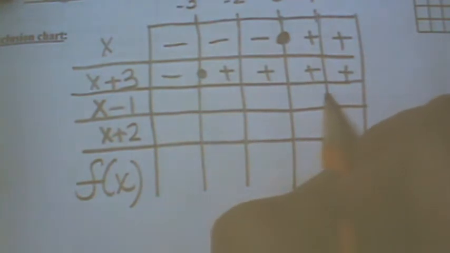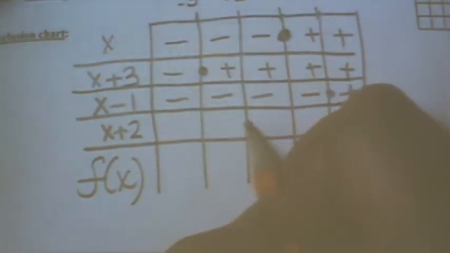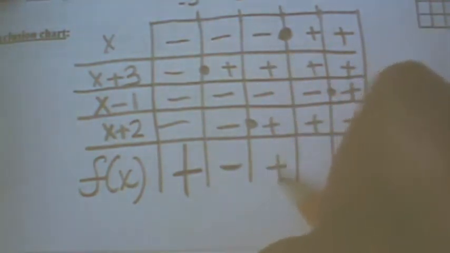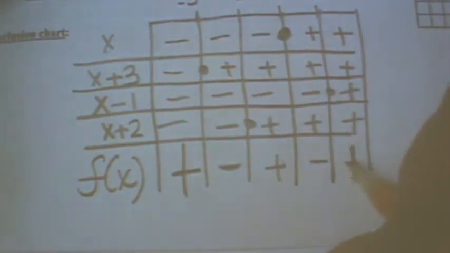Let's fill this out. Where's our 0 here? Here's our 0, to the left, negative, to the right, positive. At -3, negative, positive, positive, positive, positive. At 1, negative, negative, negative, negative, positive. At -2, and now we count. 4 means we're positive. 3 is negative. Positive, negative, positive.